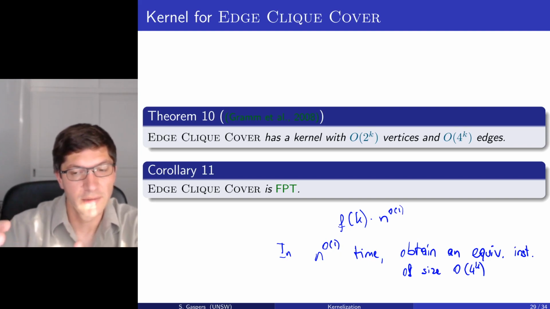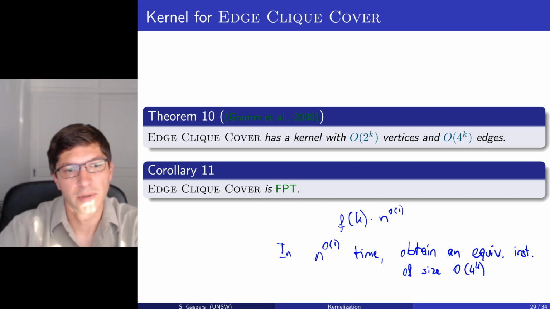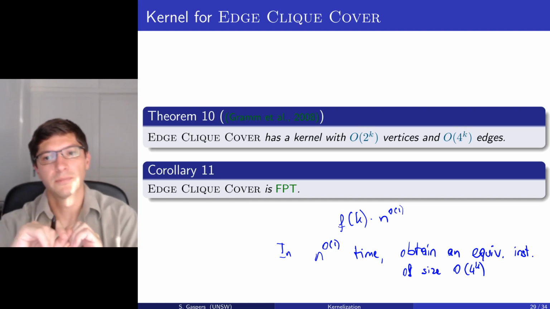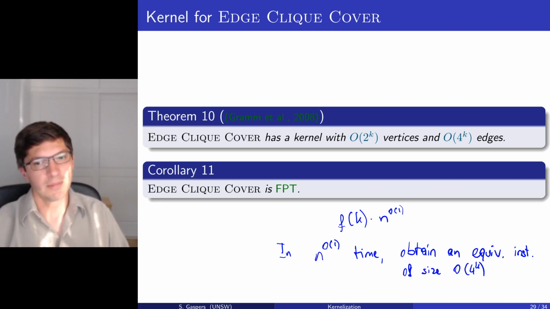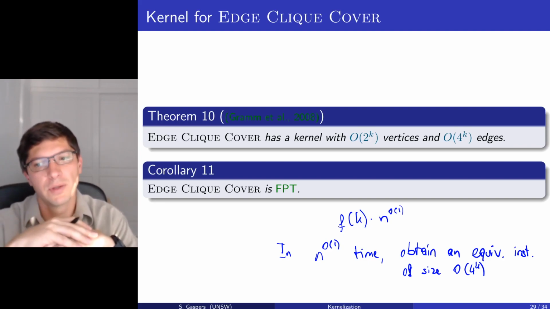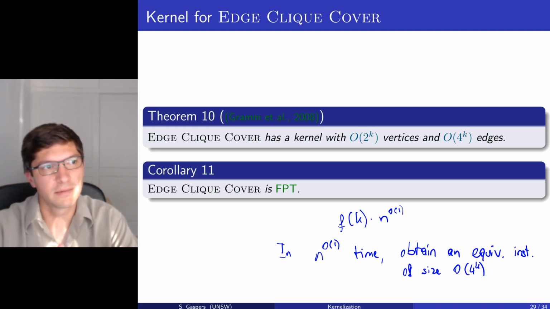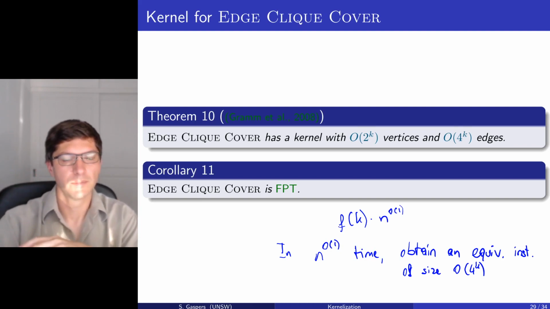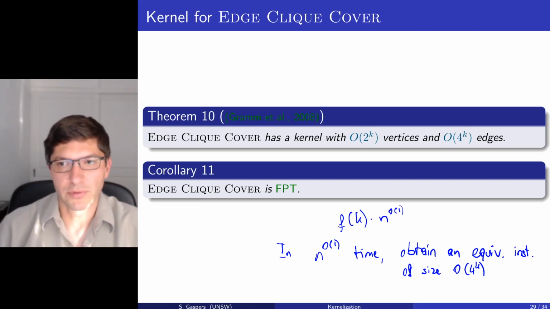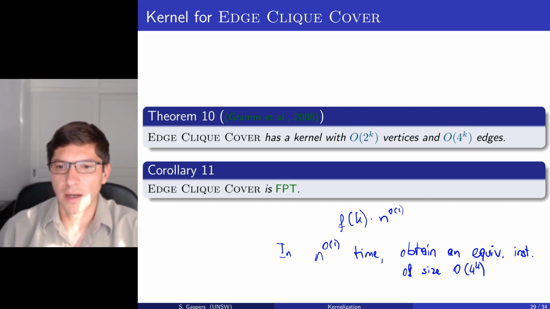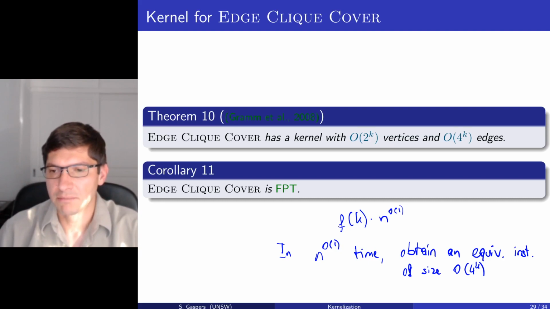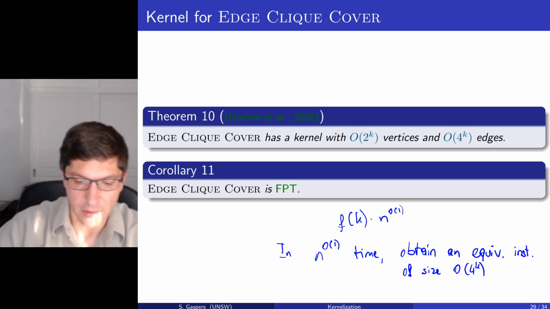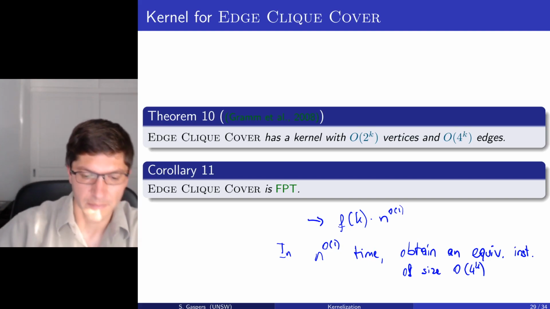So in polynomial time, we obtain some instance whose size depends only on k and not on the size of the original instance. Whatever brute force algorithm we throw at it will take some function of k time, and then in total, we get this kind of running time.